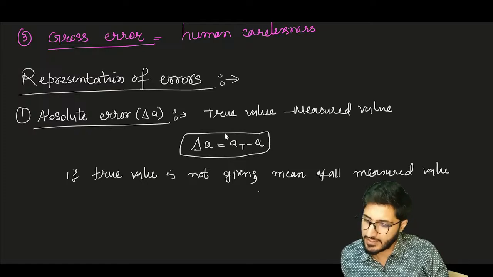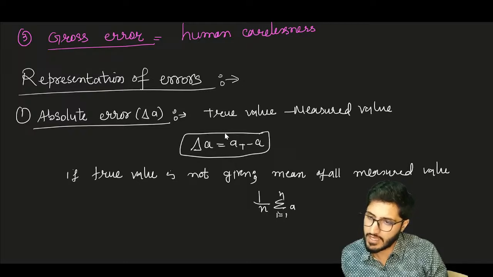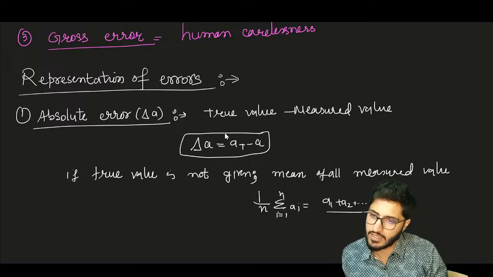Just like I can take 1 by n summation from 1 to n of ai, which is equal to a1 plus a2 plus so on up to an divided by n.